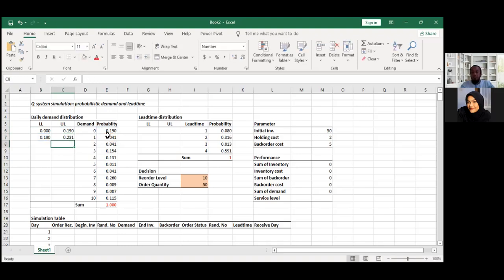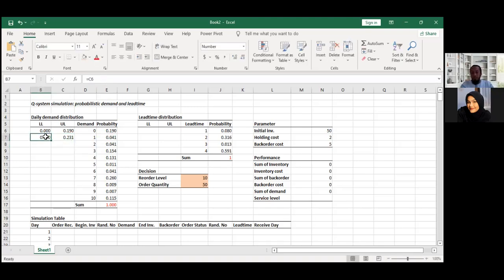This one is also the same, the lower limit plus the probability.